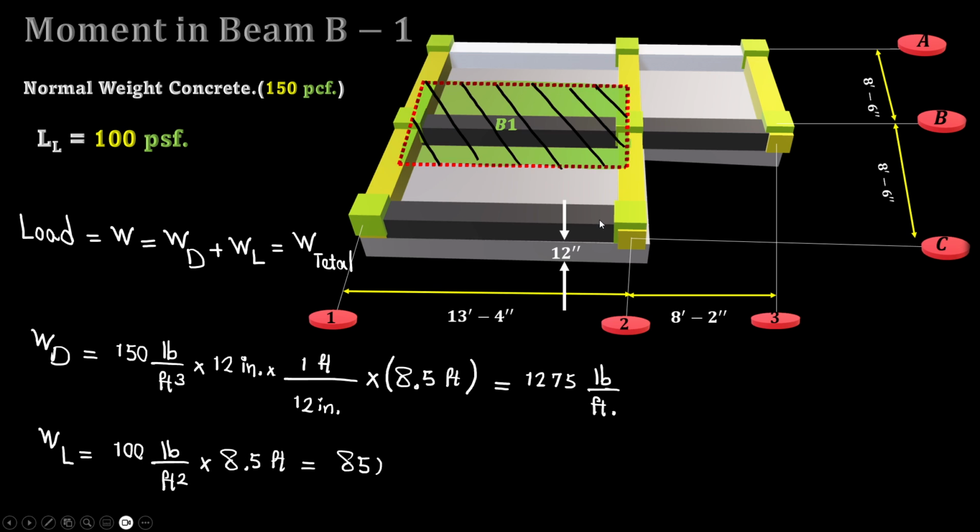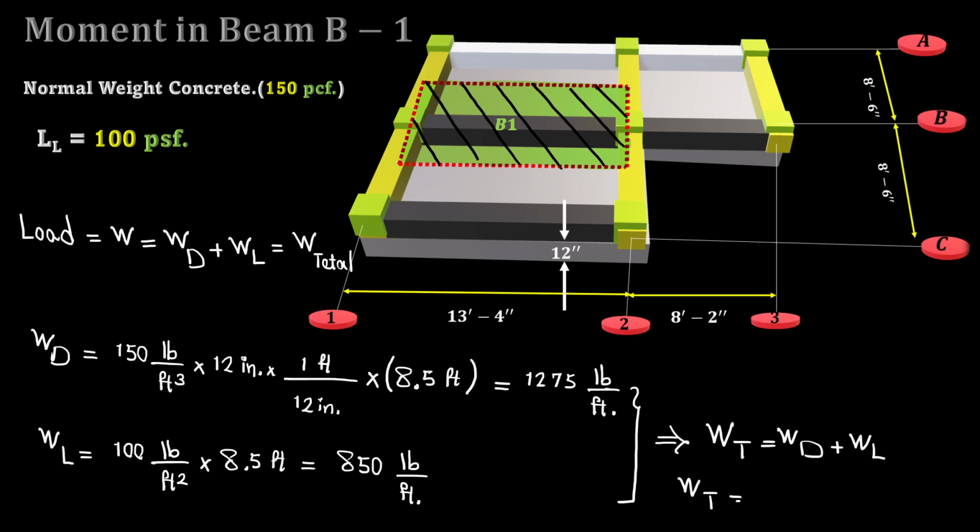Also, the live load is 100 pounds per square foot. If you multiply it by, again, the width of the attributed area, which is 8.5, it gives you a live load of 850 pounds per foot. If you add them together, total load is dead load plus live load, which makes 2,125 pounds per foot.